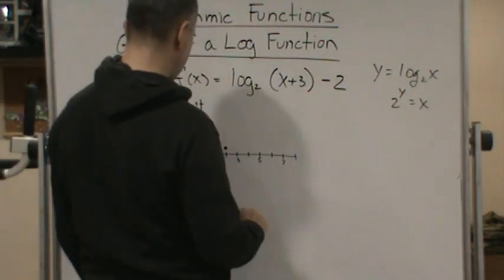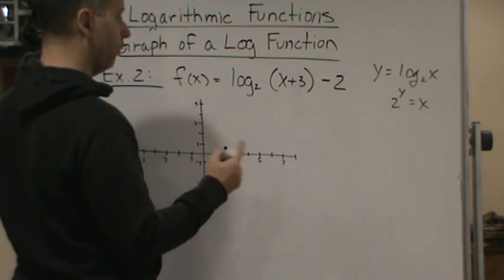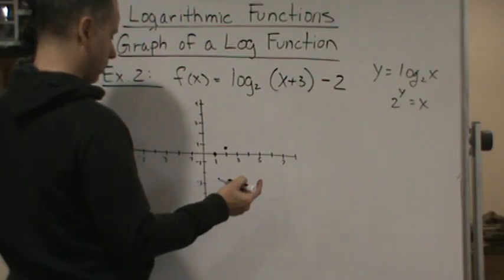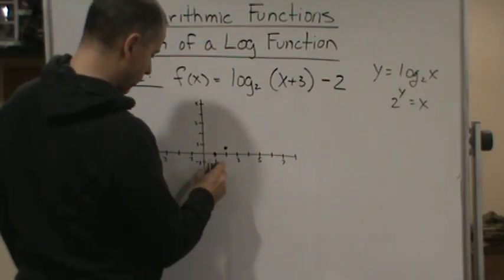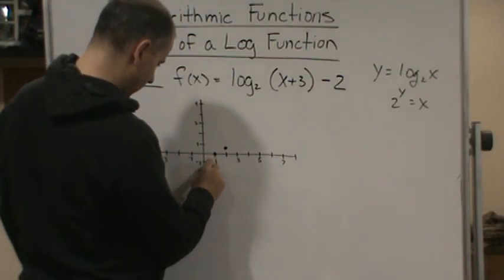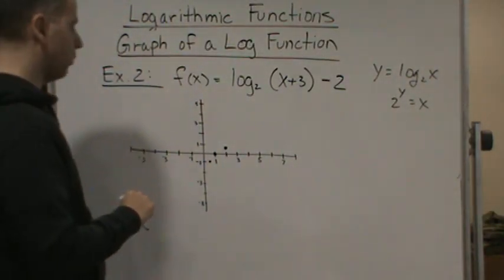And then it's also going to go through 1 over b, comma negative 1. So that's going to be 1/2. At x equals negative 1/2, it'll be negative 1. So right about here.